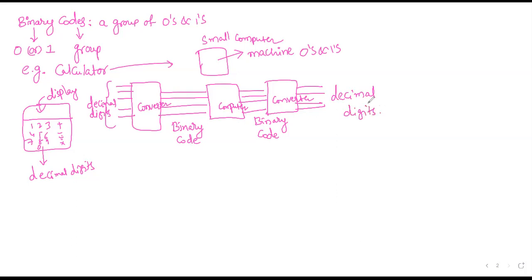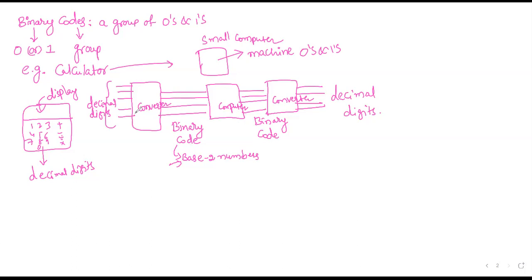Now, the binary code which we know is only base 2 numbers. Along with the base 2 numbers, we have other codes also. We don't have only base 2 numbers in zeros and ones.